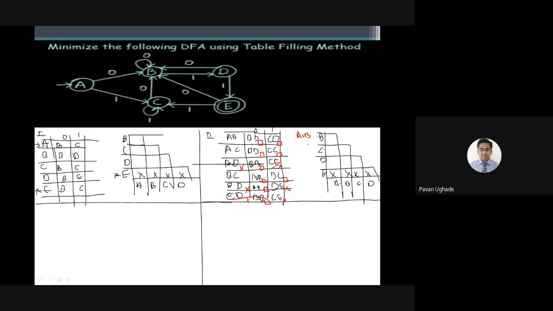Now what we got: AB, so make it blank. Then AC, make it blank. Then AD is cross. BC is blank. Then we got BD as cross and CD as cross.